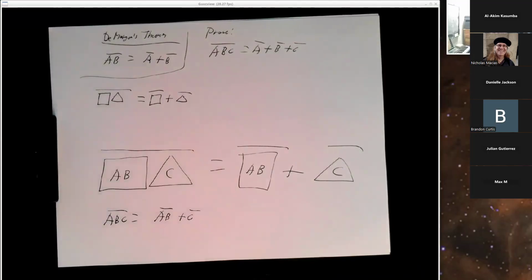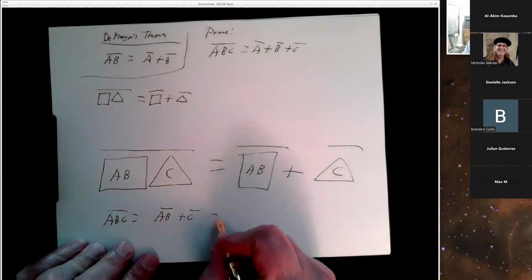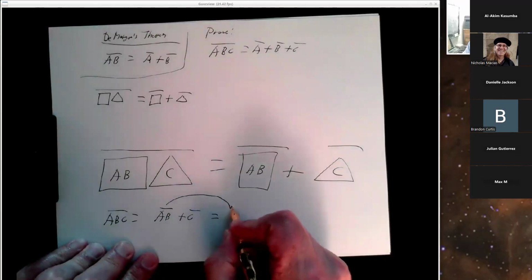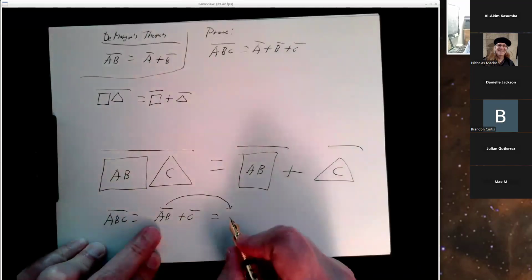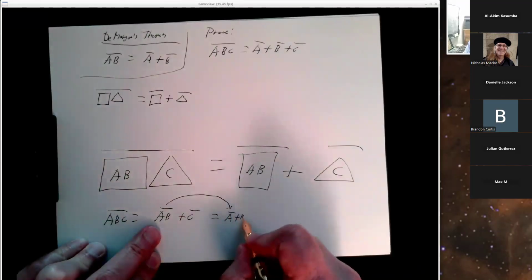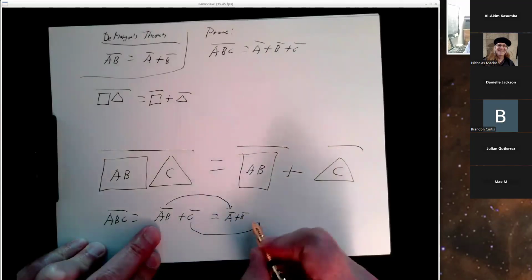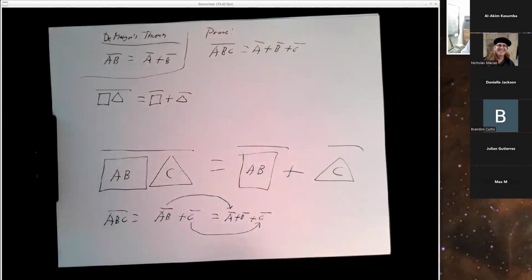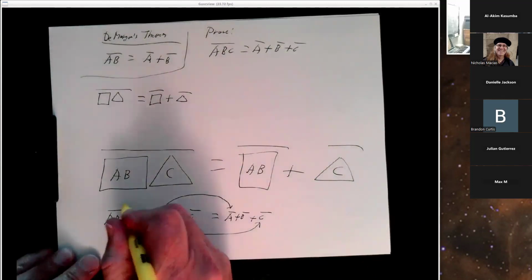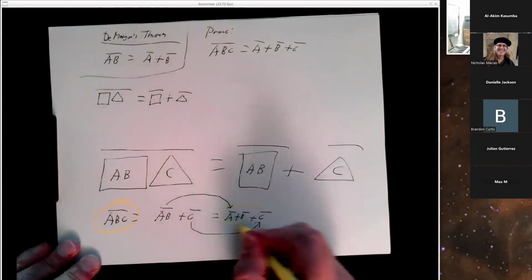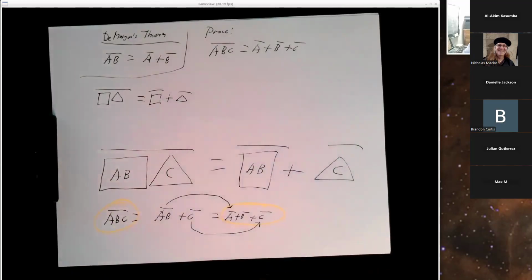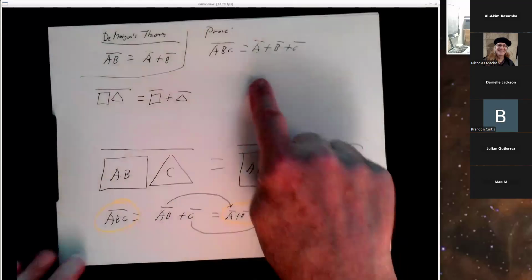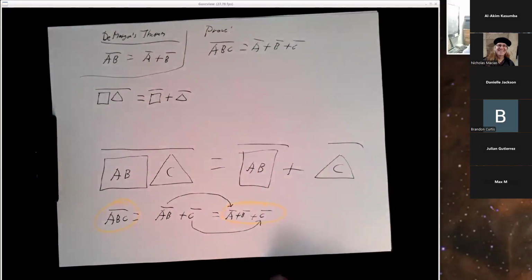But now I can use De Morgan's theorem a second time, and I can replace AB bar with A bar or B bar. And I'm going to leave my C bar as is. And what pops out of this is the thing I'm trying to show: ABC bar equals A bar or B bar or C bar.